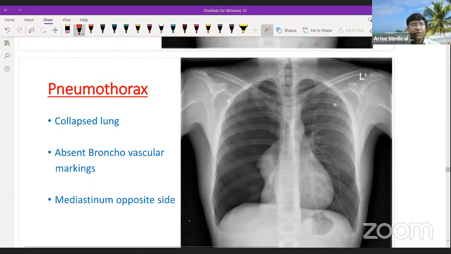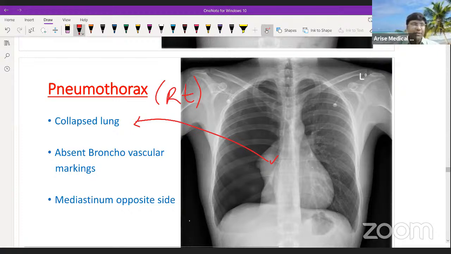So, this is a case of right-sided pneumothorax. Now, what all you are having in the chest X-ray of this patient, I will tell you one by one. You see, there is a collapsed lung. I have just put a tick mark, that is a collapsed right lung, not right lobe, right lung.